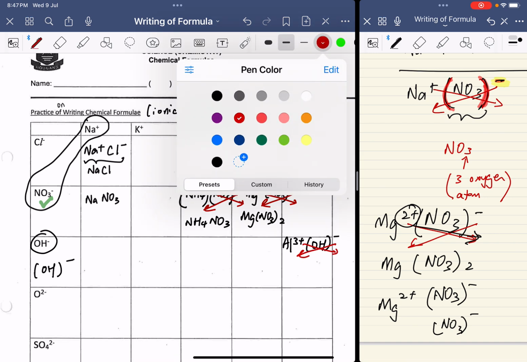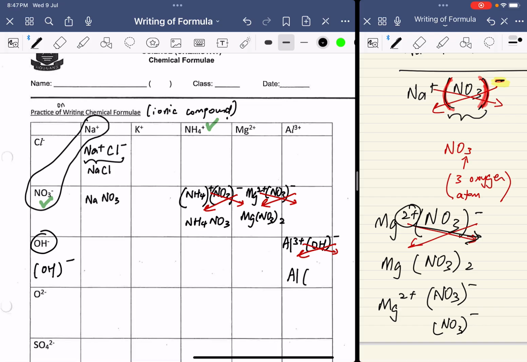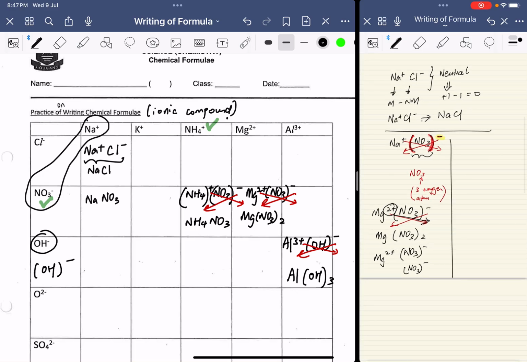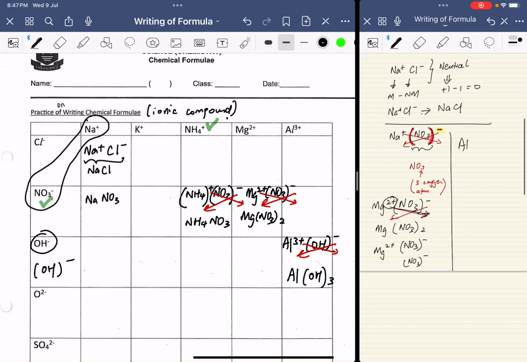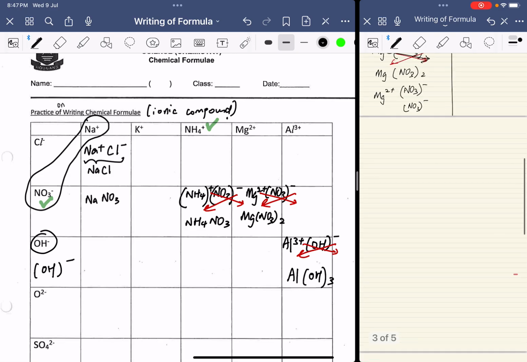You notice that you will have Al bracket OH bracket 3. Remember, do not write AlOH3. They are not equal. Al(OH)3 is not equal to AlOH3.